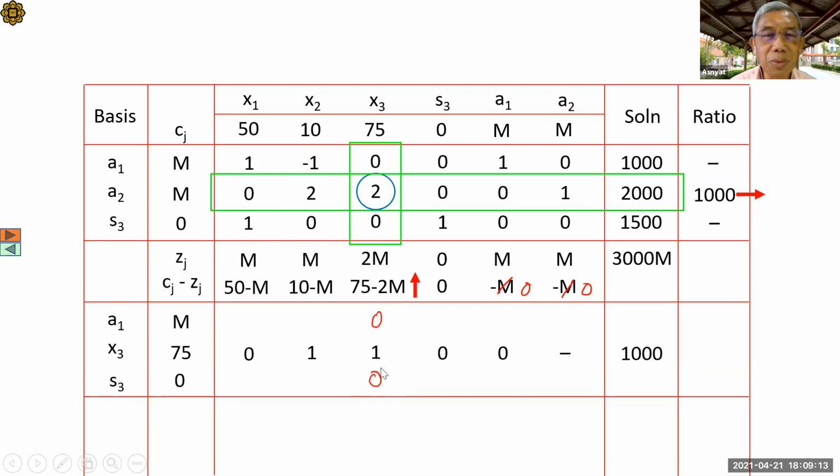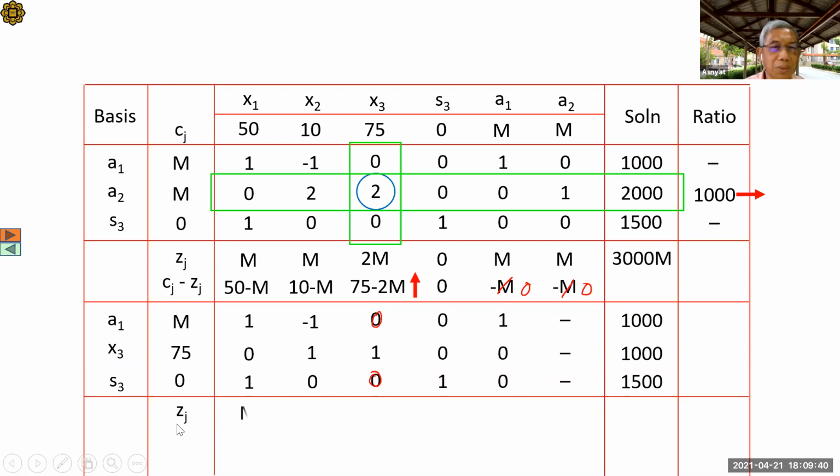It is supposed to come down 0. This is already 0. Do you have to calculate? No need. Just copy back this number: 0, 0, then dash, and then 1000. So just copy back.